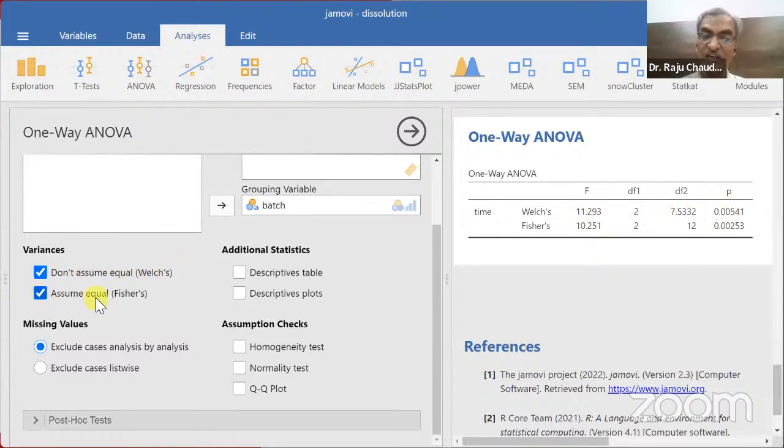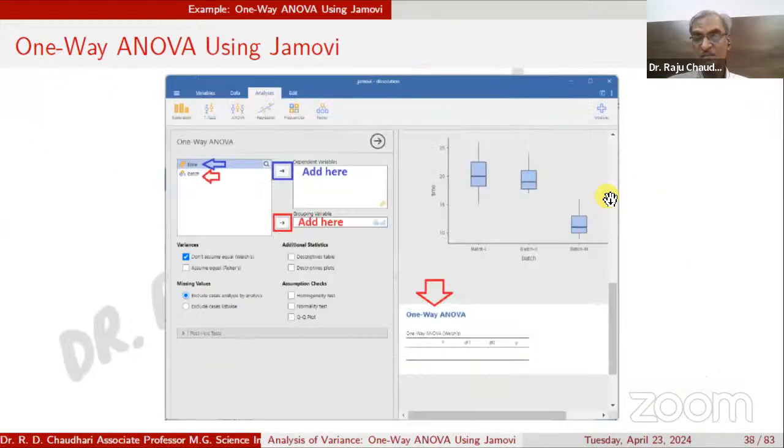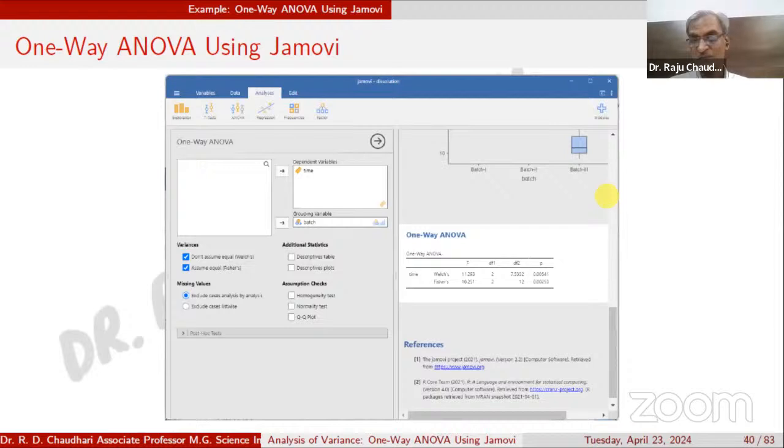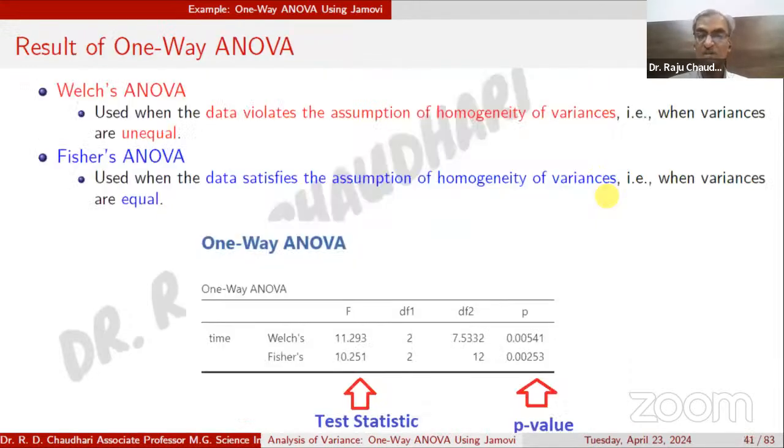If we assume that the variances are equal, then go for Fisher's ANOVA, right? So this is the analysis of variance table. Once you select Fisher, you get both outputs.